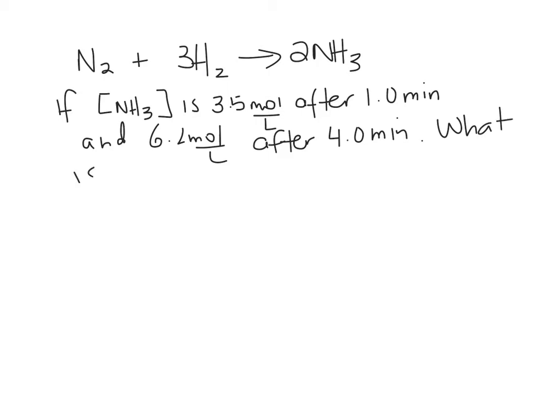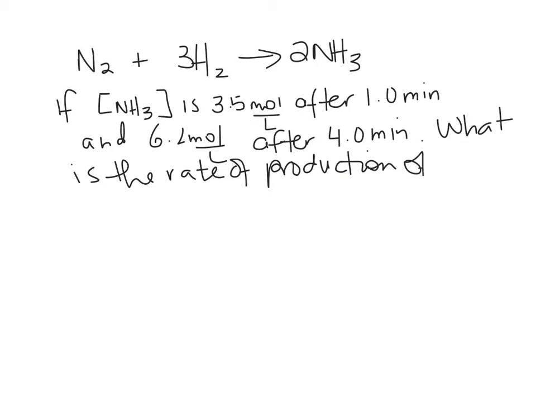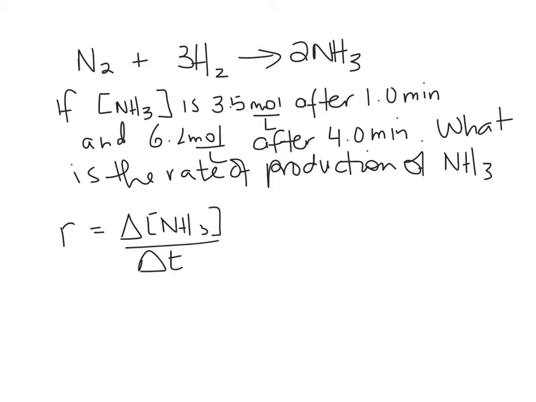What is the rate of production of ammonia? So ammonia is a product. We use little r for rate. So the rate is equal to positive change in NH3 with a change in time.